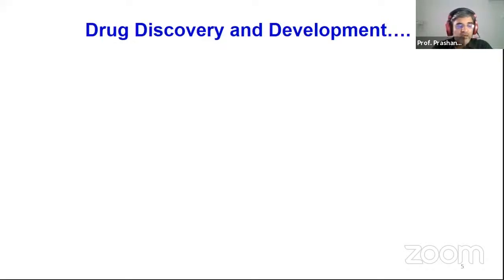Anytime you hear a speaker talk about drug discovery and development, or in general about drug discovery, you will see those fancy slides where at the beginning you have got some target, then high throughput screening, then combinatorial chemistry, then preclinical studies, and then phase 1, 2, 3 clinical trials.